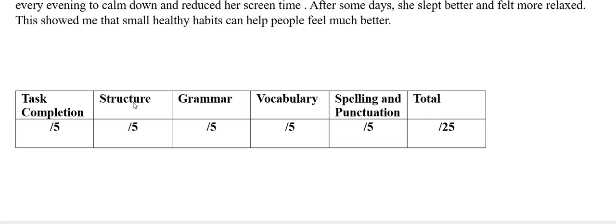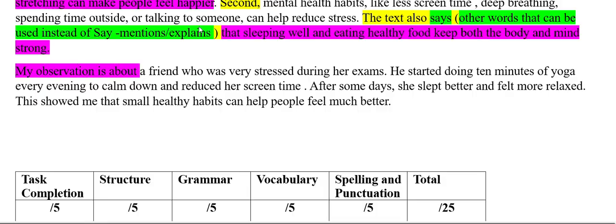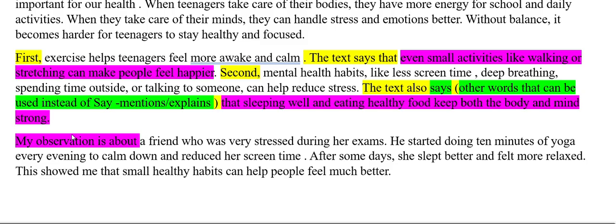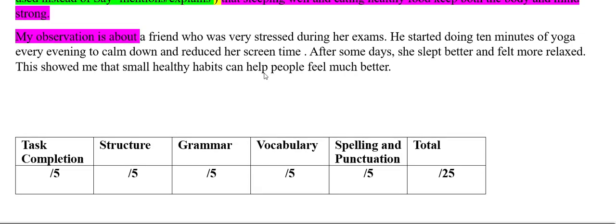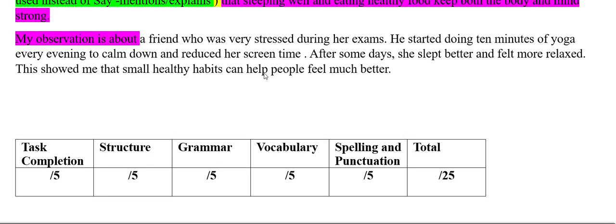Structure refers to the paragraphing. So 3 prompts and you are giving the answer in 3 paragraphs, so that is related to the structure. Grammar, proper grammar has been used if you're writing in past tense or present tense or future tense. So you need to take care of that.